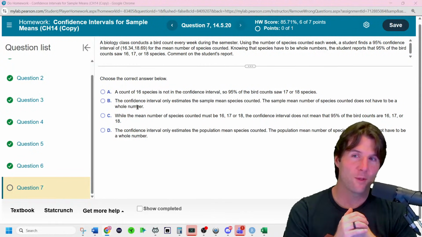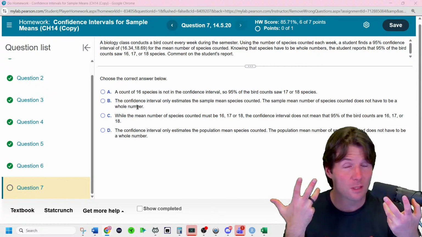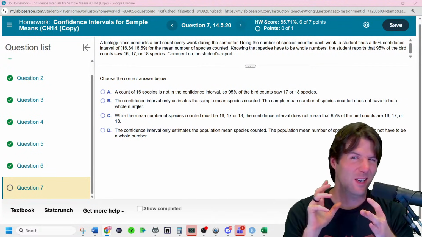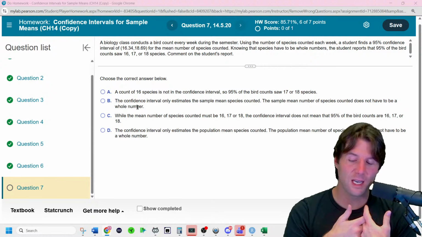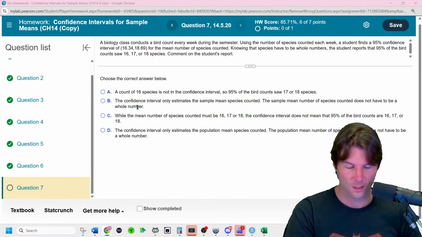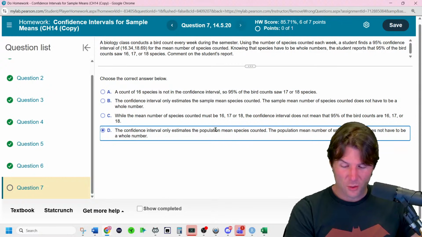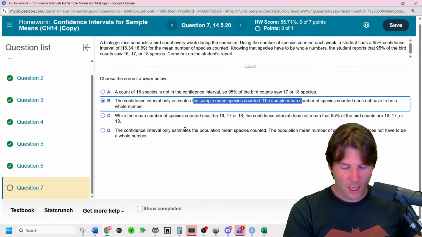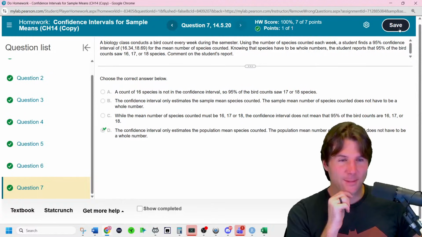On average, families have 2.3 kids. Doesn't mean there's a 0.3 kid. I mean, I might be that 0.3 kid, whatever that means. But that's not how things work. So the mean can be decimals. The confidence interval estimates the true mean, not the sample mean. The confidence interval is trying to estimate the true mean. And the true mean can have decimals.